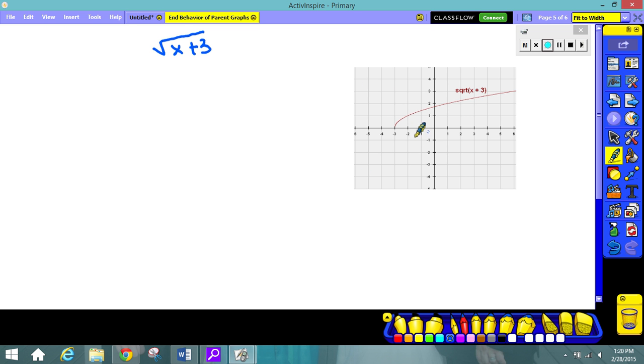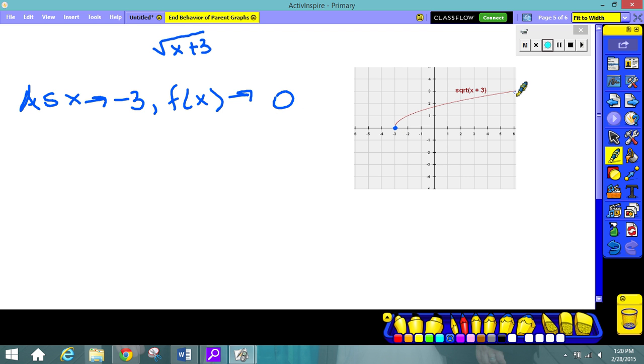In other words, over here on the left, we can't say that it ever approached negative infinity because we can see that it ended right here at negative 3. So we would say as x going to the left approaches negative 3, f of x is approaching, and what is it approaching? The y value of 0.